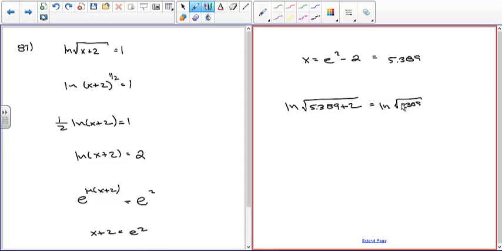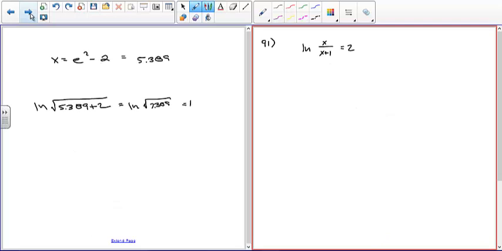So let's do that on my calculator. The natural log of the square root of 7.389. And I get 1, which is the right answer.